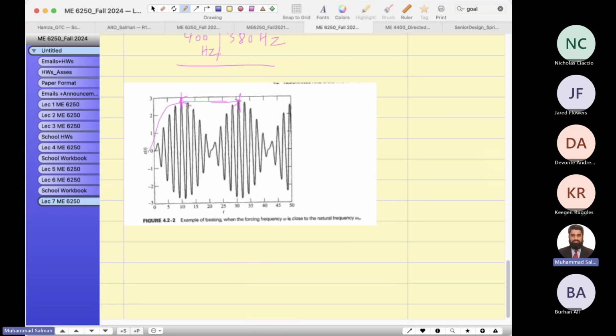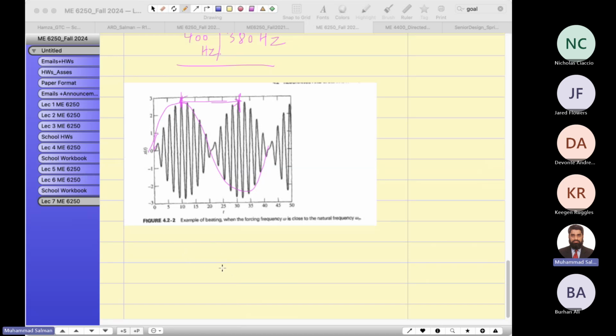It acts like a sine wave. For a sine wave the period is 2 pi, but the beating period is half of the sine wave period, because in one sine wave cycle it happens twice. So the beating period can be found from this plot.